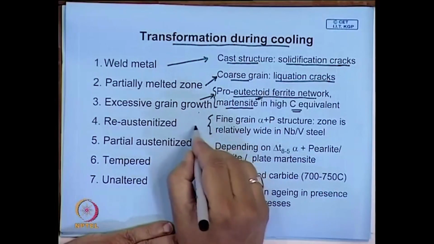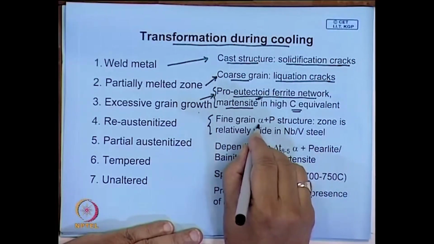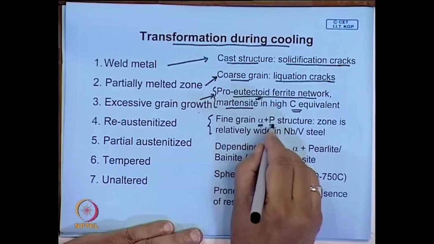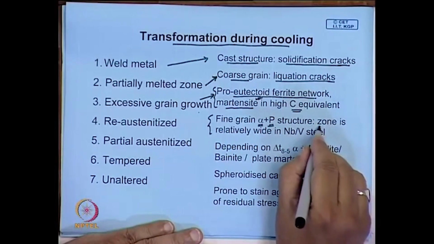The re-austenitized area will have a fine grain structure, consisting of ferrite and primarily pearlite, and this zone is relatively wide.